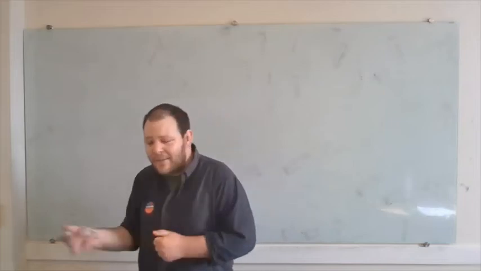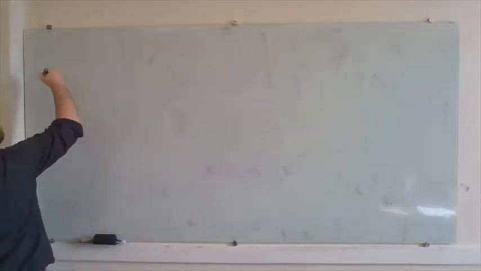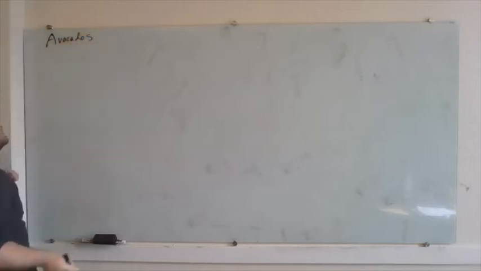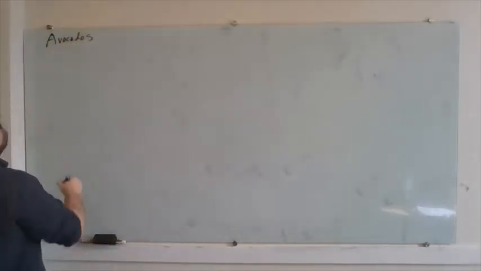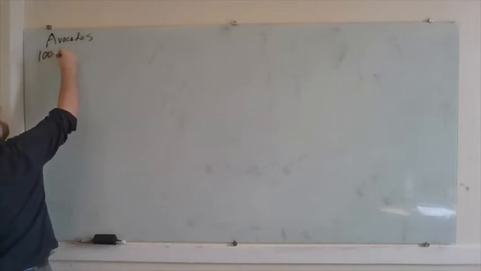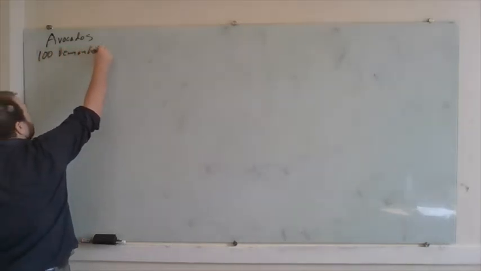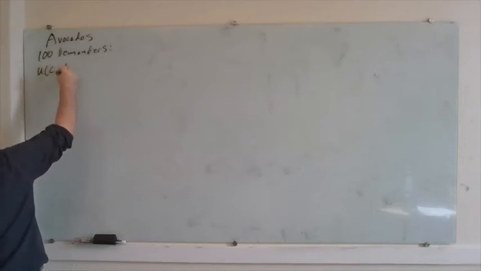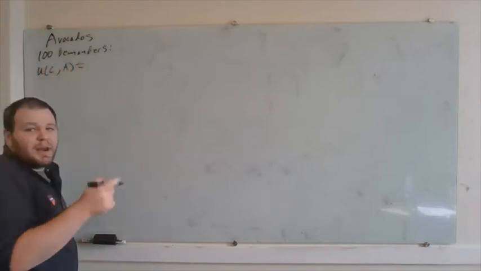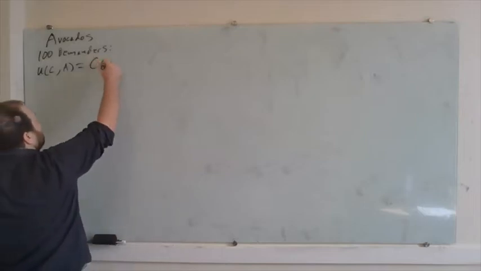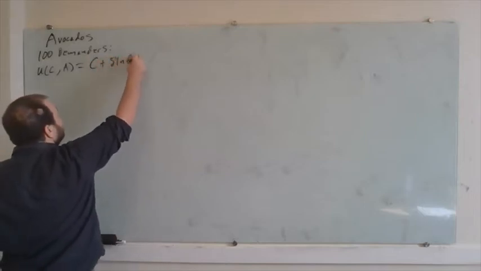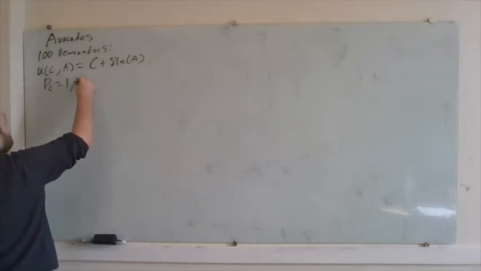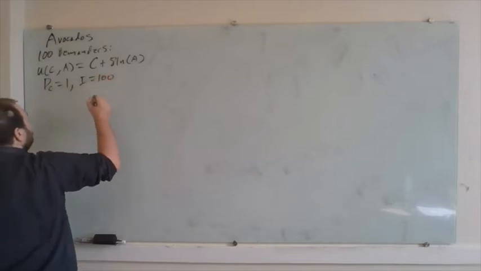Okay, so with that said, let's think about trying to understand competitive equilibrium in the market for avocados. We can say that we've got, let's say, 100 demanders, all of whom have preferences for consumption and avocados, where consumption is just everything but avocados, of C plus 8 ln A. We can say that the price of consumption is normalized to 1, and our consumer's income equals 100.